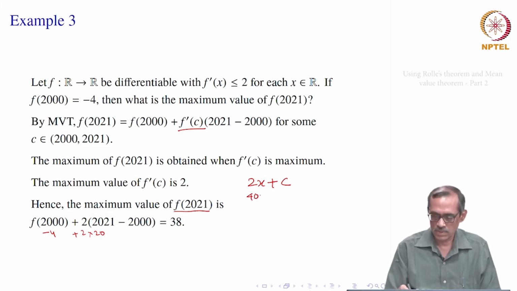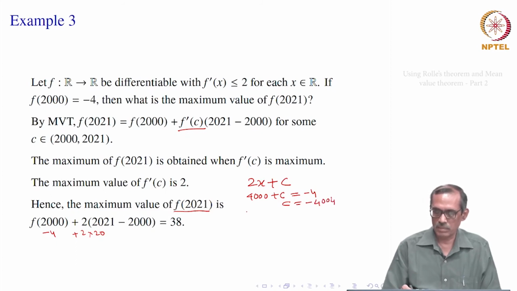So, this gives 4000 plus c and that should be equal to minus 4. So, that gives c equal to minus 4004. So, that means we can take a function f of x equal to 2x minus 4004.